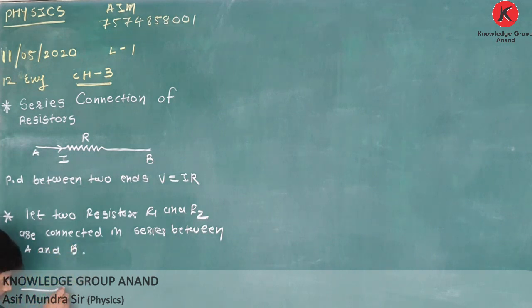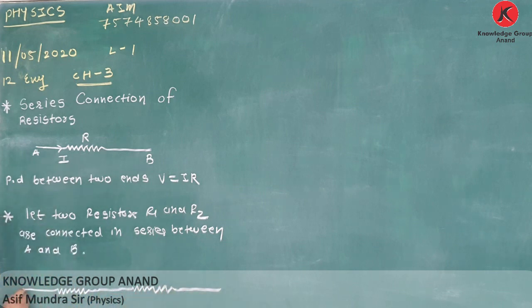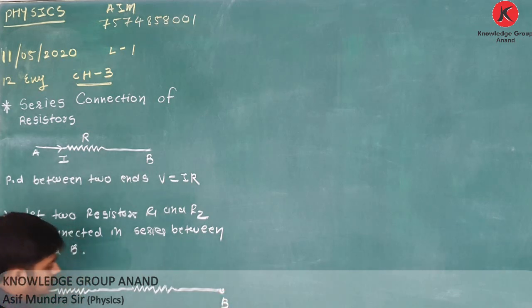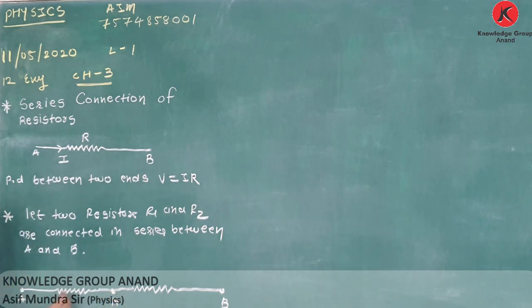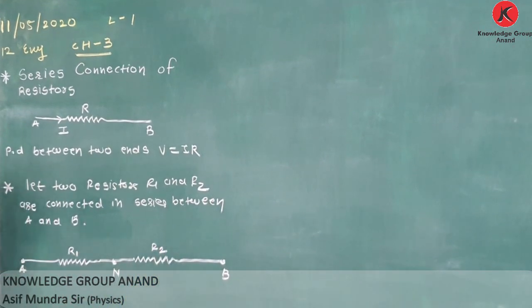First resistor, second resistor. Let this be point A, this be point B, and let this intermediate point be N. Let this be resistor R1, and this be resistor R2.